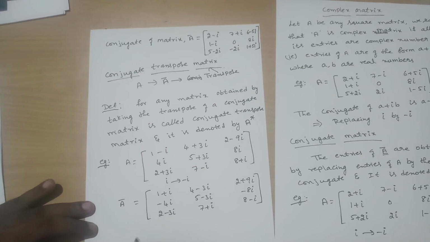Now for this one you have to take the transpose of the conjugate matrix, rows interchanged to columns. So 1 plus i, and here 4 minus 3i, and here 2 plus 9i, and here minus 4i, and 5 minus 3i, and here minus 8i, and next 2 minus 3i, 7 plus i, and here 8 minus i.